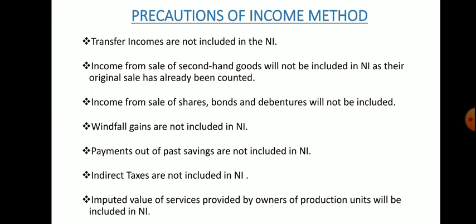Whatever rent he or she would have paid if doing it in another's house, probably he or she is not spending now, but we have to consider that imputed value, because the person is using his or her own house or land for that production activity. Okay.